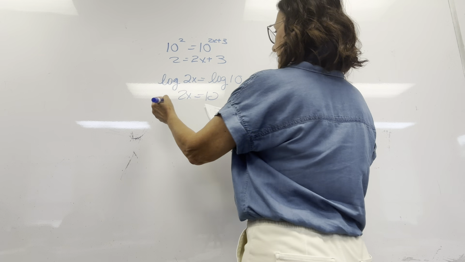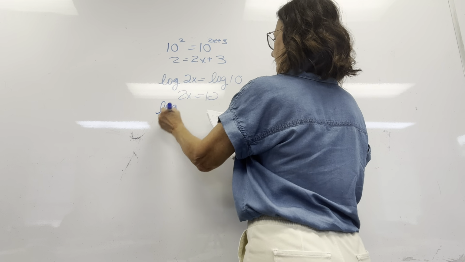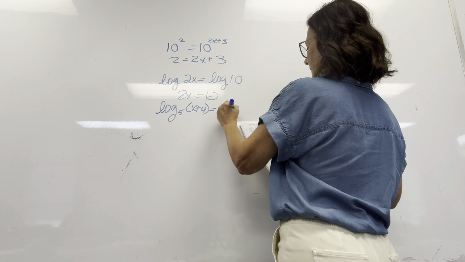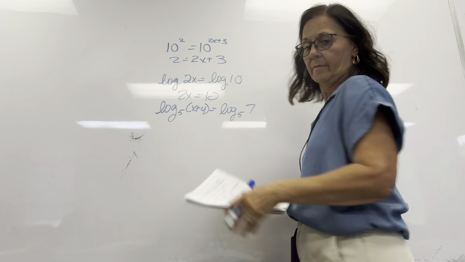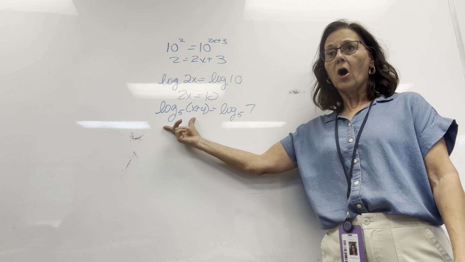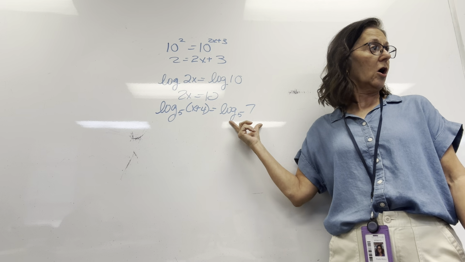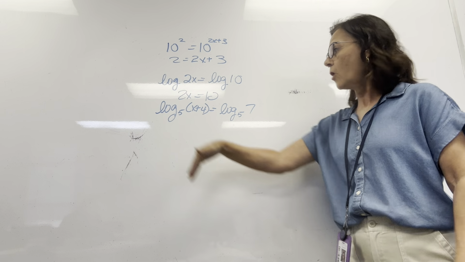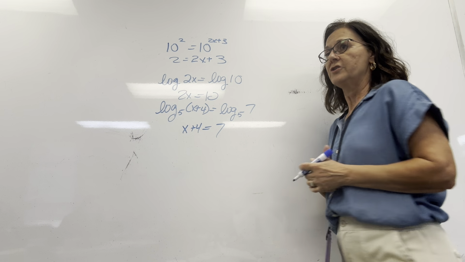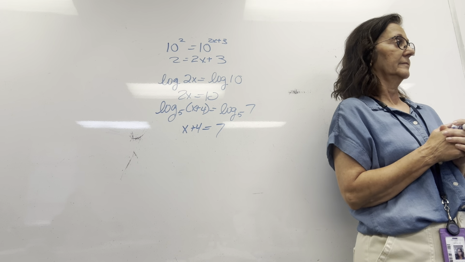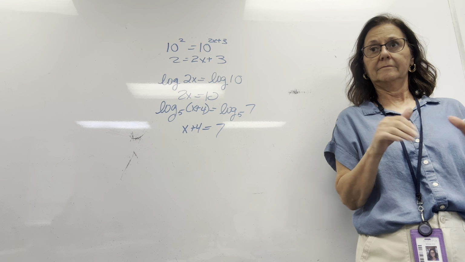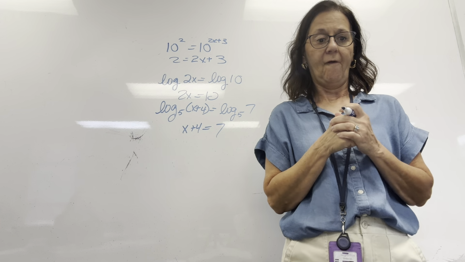I'll show you another example. A single log equals a single log. I drop the log and set the arguments equal to each other. Got it? Because they have equal bases.